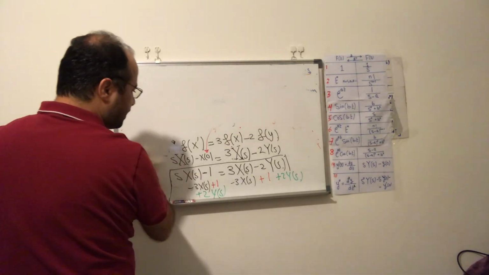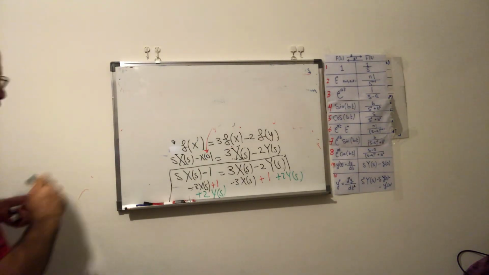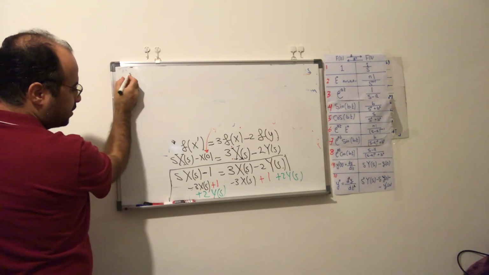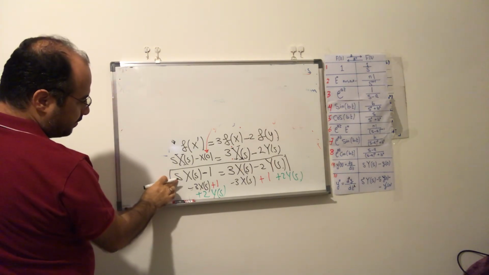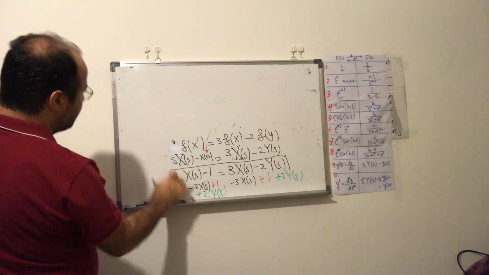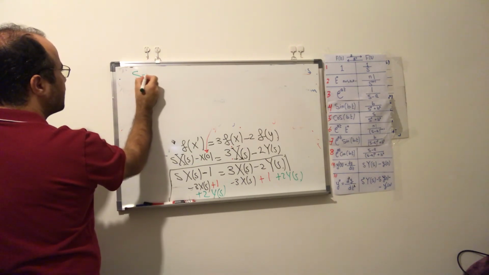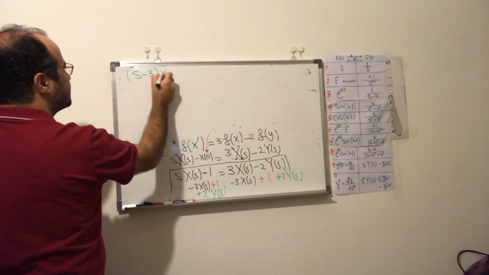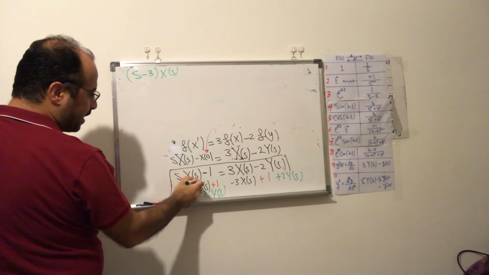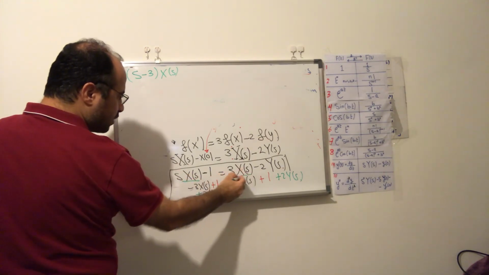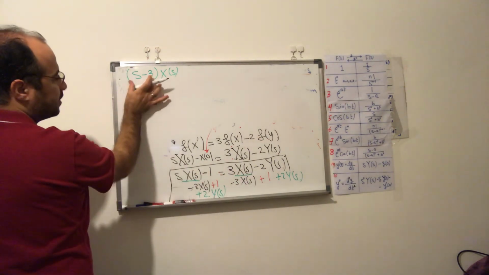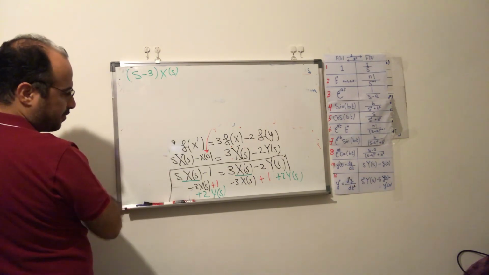So all that, here is the first equation, will be s minus 3. So you're going to have s minus 3 times X of s, right? I'm just collecting the x's, this x with that x on one side and taking X of s as a common factor.